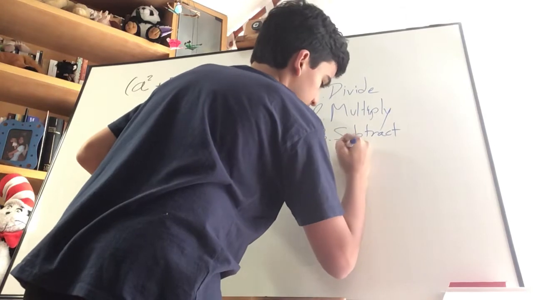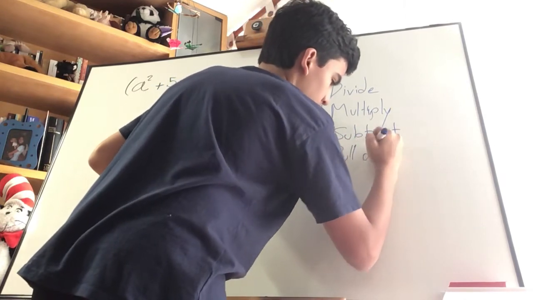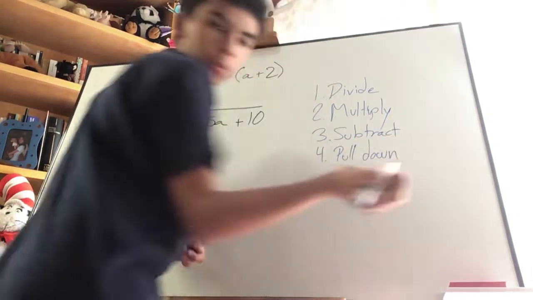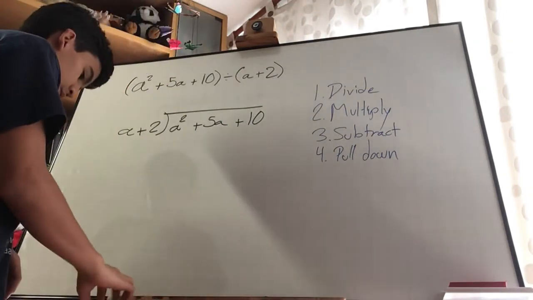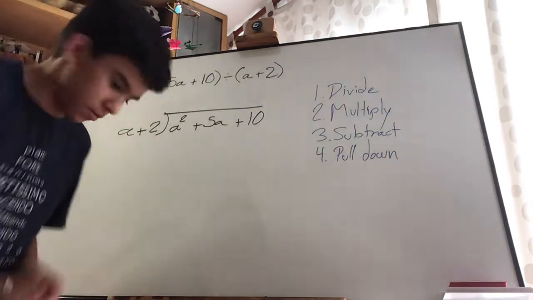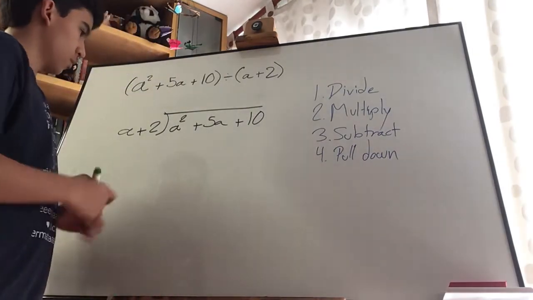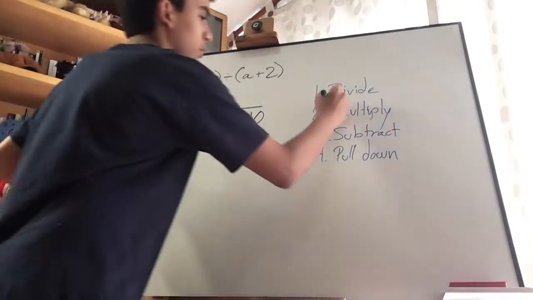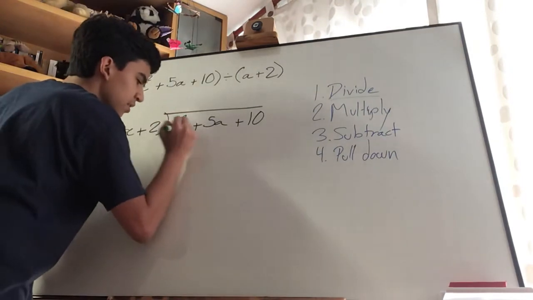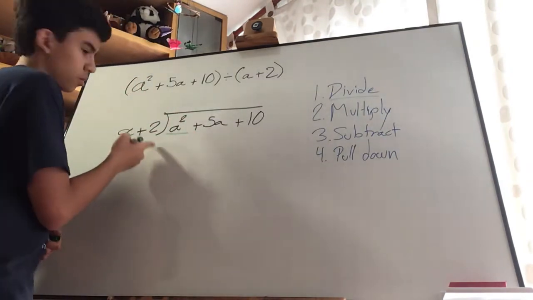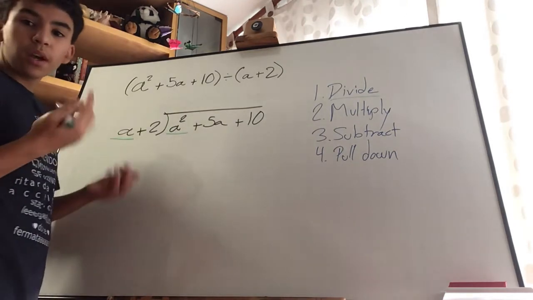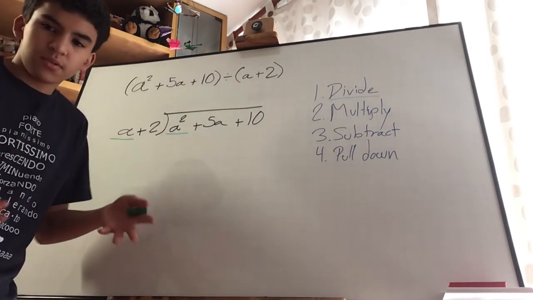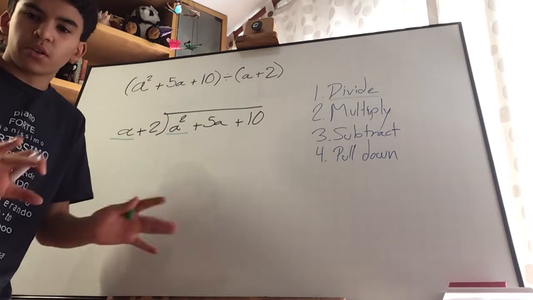And the fourth one is pull down, but we will see that later. So our first step is division. We have to divide this first term by this first term. Why the first term? I don't know, it's just the first term, don't complicate yourself.